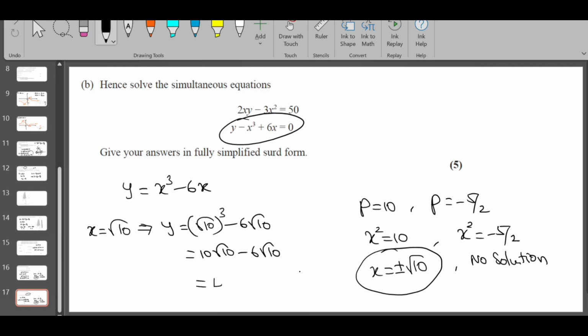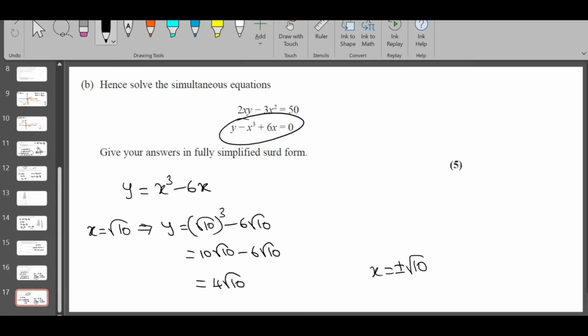Which is 4 root of 10. That's one solution. When you use minus square root of 10, x is minus square root of 10, y is going to be minus square root of 10 whole cubed minus 6 times minus square root of 10, which is going to be minus 10 root of 10.